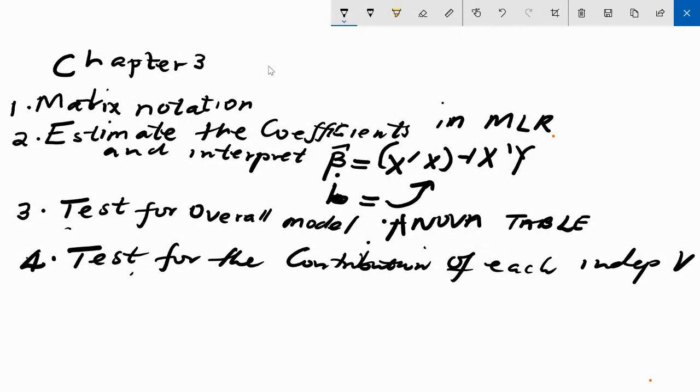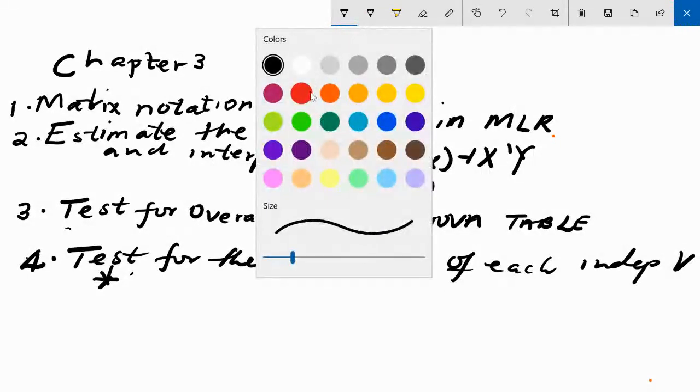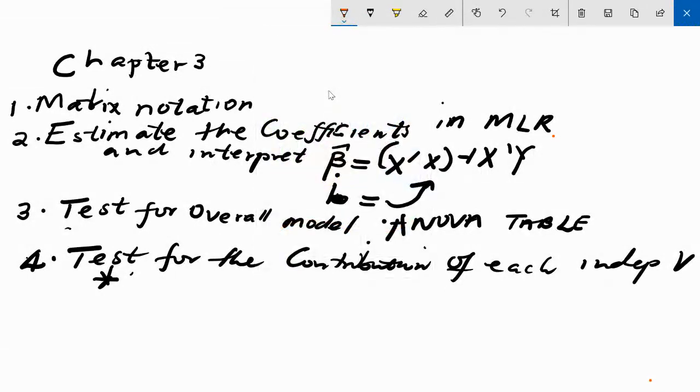We agree that one, by using what? Can you come in now? Which method can be used to test for the contribution of each independent variable? Yes, leadership. The partial F. Thank you, leadership.